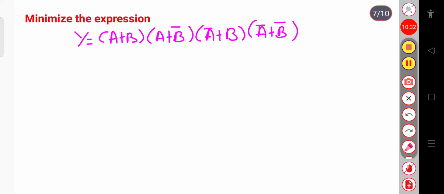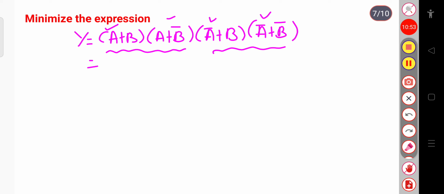So this will be equal to, you can write from this, try to multiply these 2 terms and these 2 terms. Why? Because you can see that the first bracketed term contains a, and the second bracketed term also contains a, and the third and fourth terms contain a bar.